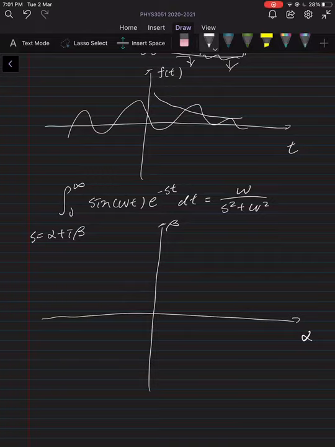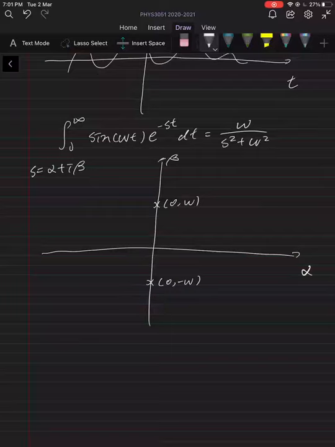Then in this complex plane, you have 2 points on the complex plane here, at which the Laplace transform diverges. And it simply means your function f of t contains some oscillation component which has a frequency omega.